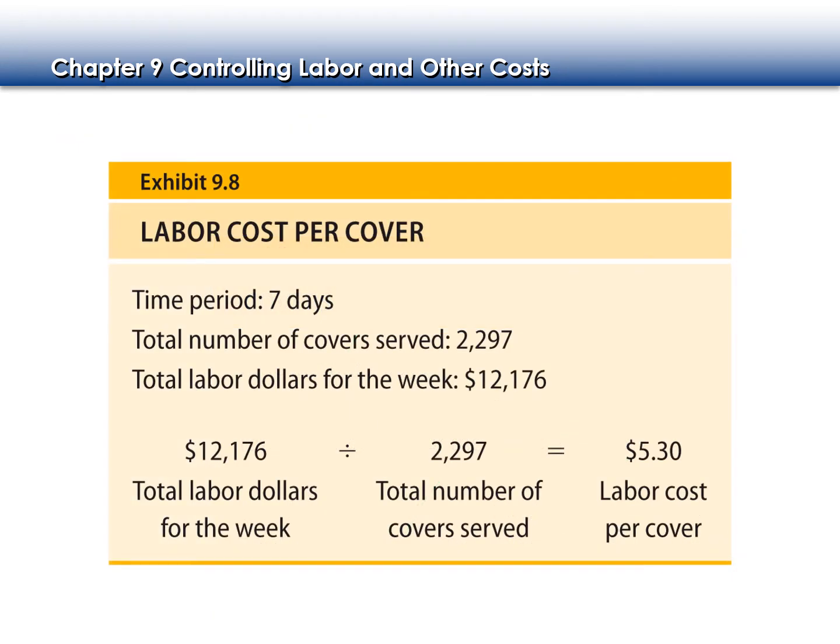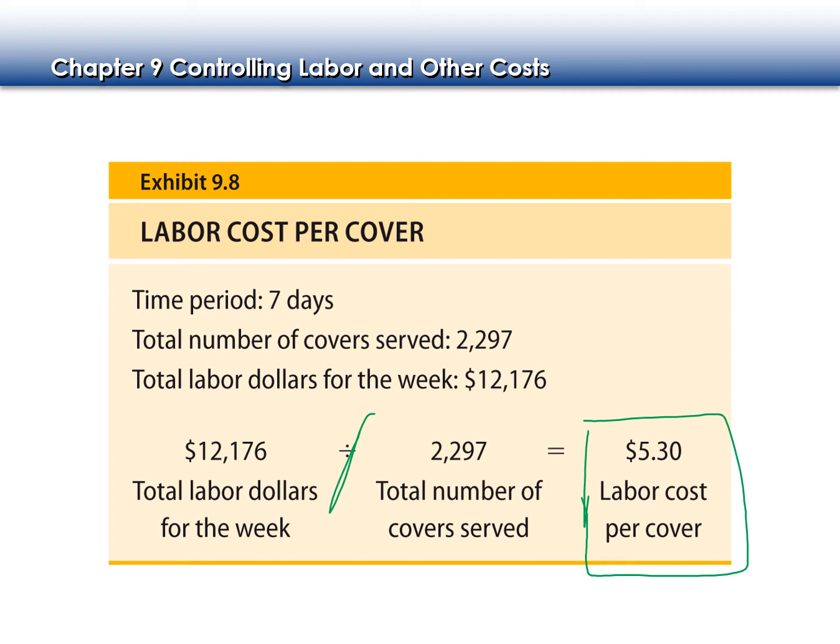Now, if we want to see if we're being effective with our labor dollars, we can flip this one and do our labor cost per cover. In this case, we have $12,176 that we spent to serve 2,297 guests. So that means it cost us $5.30 per cover in labor cost.